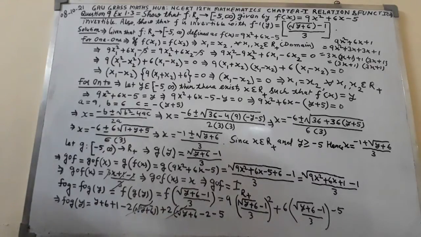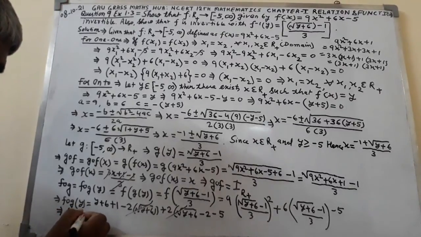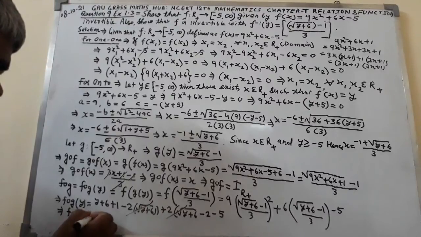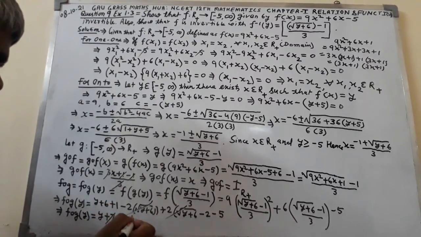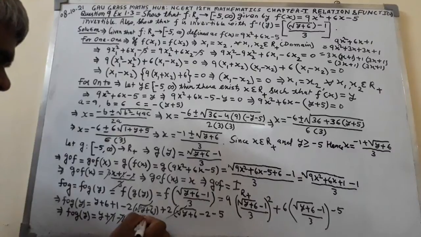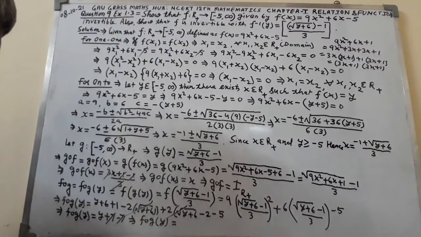So here we will get implied that f of g of y comes out to be y plus 7, 6 plus 1 is 7, minus 7. Plus 7 minus 7 will get cancelled out. F of g of y equal to y.